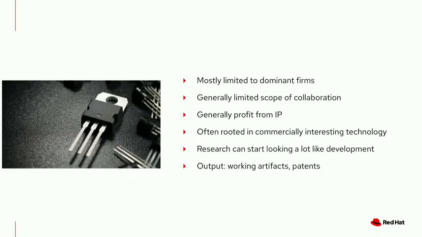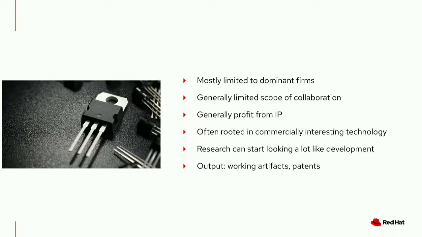So what does that look like? Well, historically, the corporate laboratory has been mostly limited to dominant firms. In the case of Bell Labs, the parent basically had a government monopoly on phone service. And that really allowed them to make investments in fundamental research that might not have near-term returns.